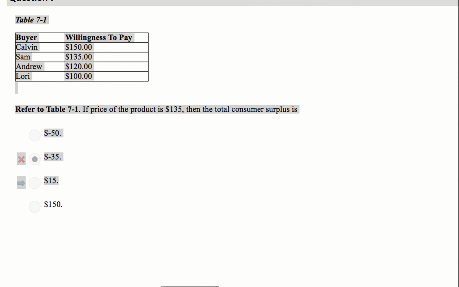If the price for the product is $135, then the total consumer surplus is how much? One more time, the consumer surplus is your WTP minus the price of the good. We're going to do this for each consumer. For Kelvin, his WTP is $150 and the price is 135.